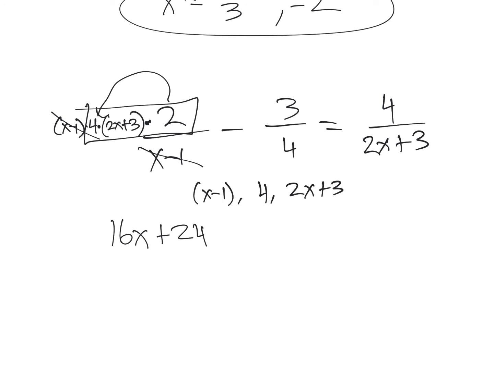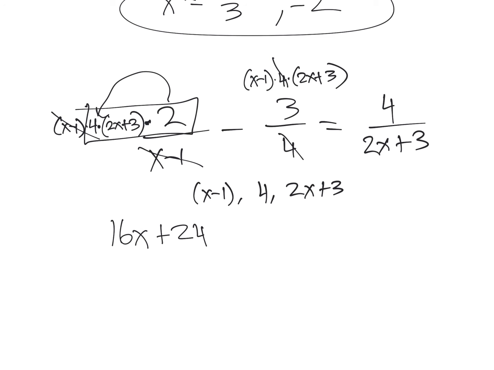And then you're going to multiply the 3 by x minus 1 times 4 times 2x plus 3, all the factors again. And what happens? The 4s will reduce out, and now you're going to have an ugly trinomial.